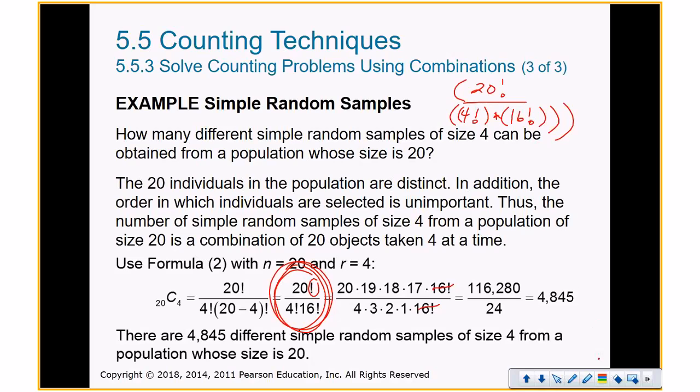So it'd be parentheses 20 factorial divided by parentheses 4 factorial, close parentheses, times parentheses 16 factorial, close parentheses, close parentheses. And that's another way you can do it. All 3 of those are a whole lot easier than doing it by hand.